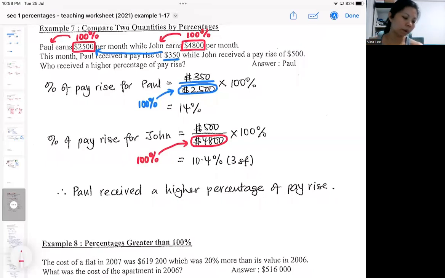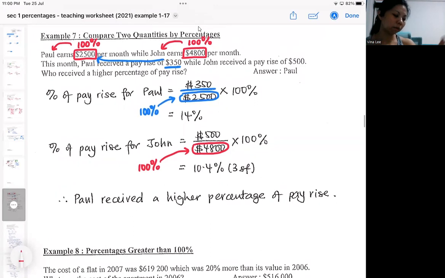So overall, even though the absolute amount for Paul is lesser, because his base is different, he actually got a higher percentage of pay rise. So you must take note that the 100% for different people is different. There will be some long questions that make you compare different 100%.